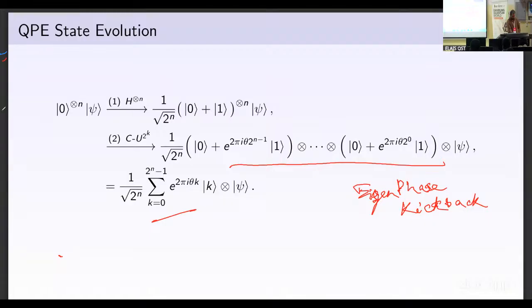And this is basically the Fourier or Hadamard basis. So now we have to transform it from the basis of the Fourier to the computational basis so that we can measure it classically and get the value in the decimal case.